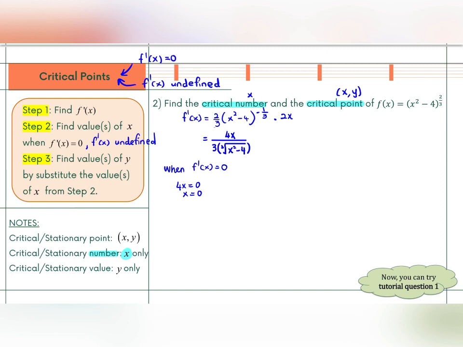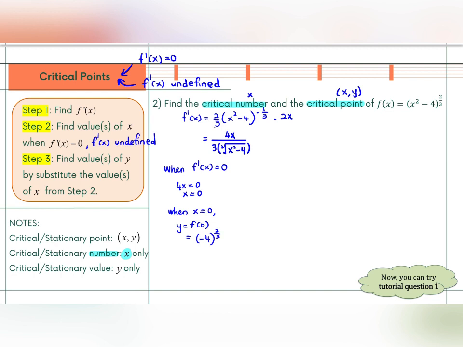Okay, so kita boleh terus cari value of y. So, when x equals to 0, so y will be equals to f of 0, which means kita akan ada negative 4 to the power of 2 over 3.